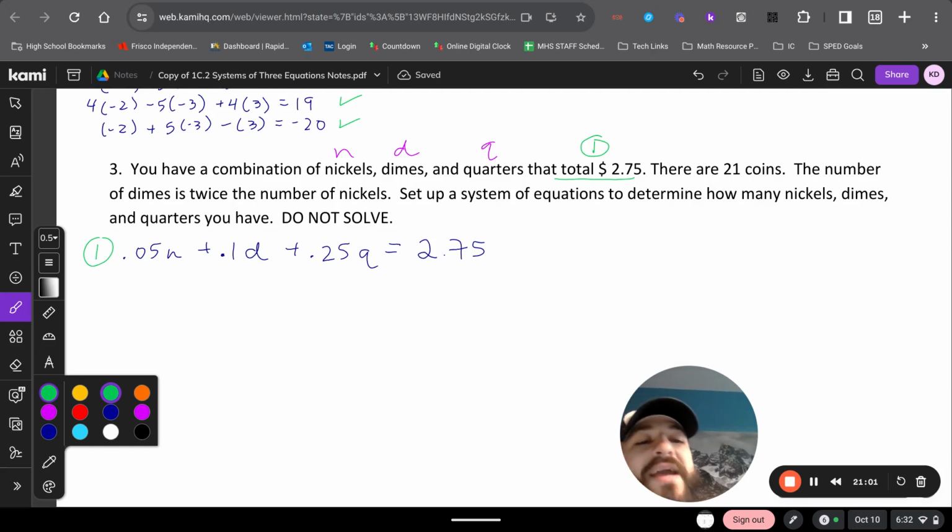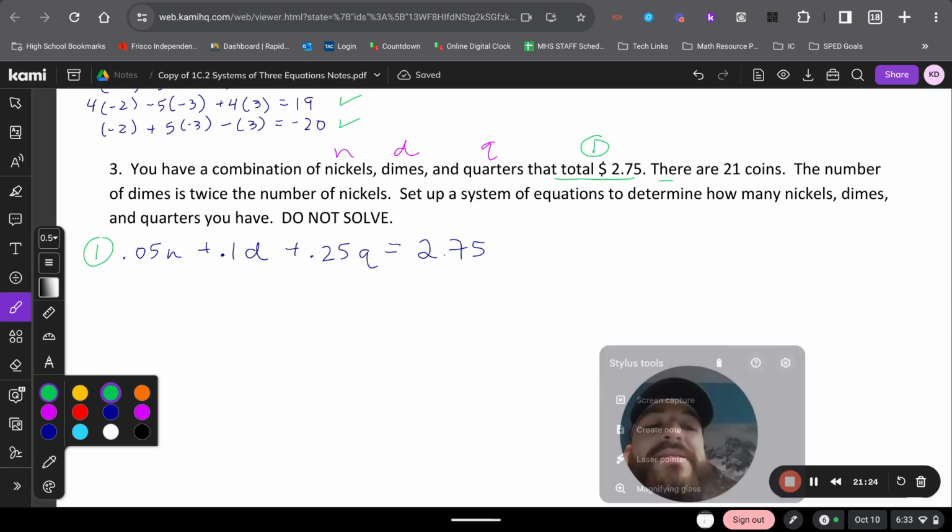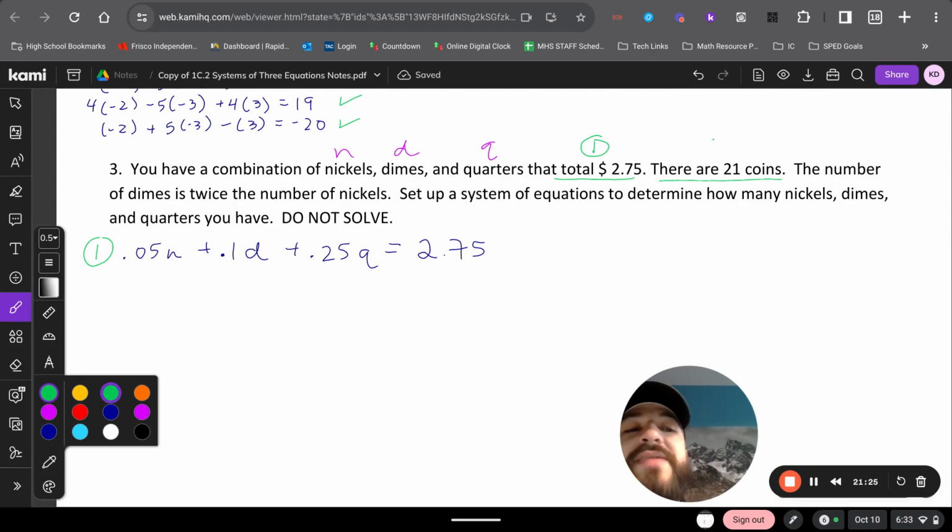Okay, then our second piece of information is that there are 21 total coins. And of course, my stylus decides to go up. So if there's 21 coins in total, this time I don't need the cost or the value of each coin. I just need the number of coins. So if I only need the number of coins, then this time I can just add nickels, dimes, and quarters together for my second equation.